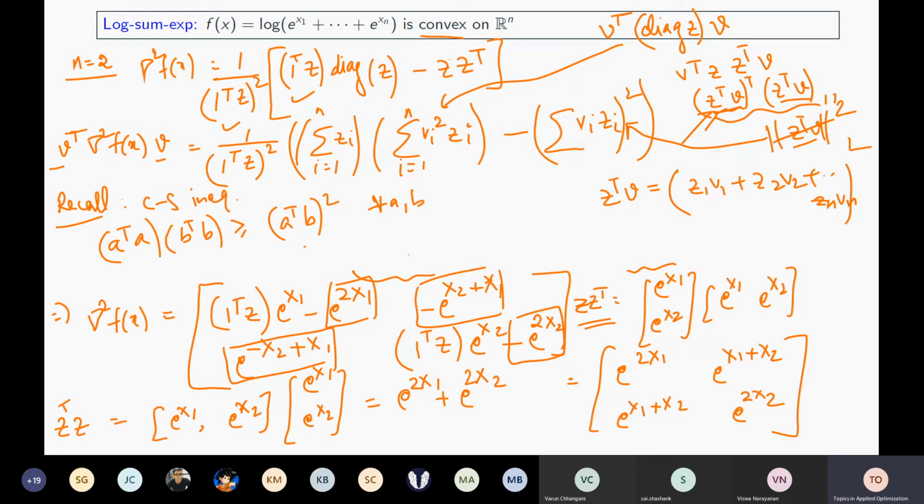Now we have to identify what could be A and what could be B in our case. We want to use the inequality here. In other words, we have to prove that this guy is greater than or equal to this guy, and then the whole thing will be greater than or equal to 0.